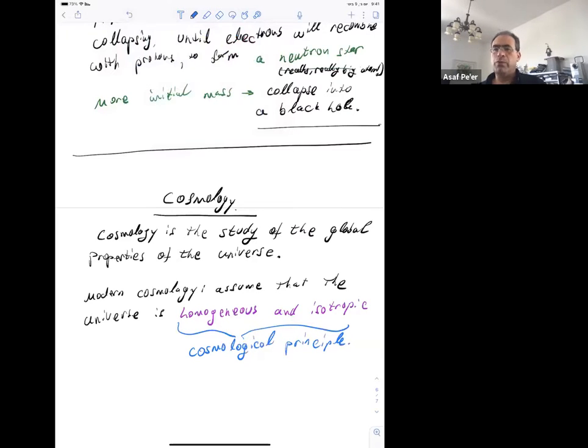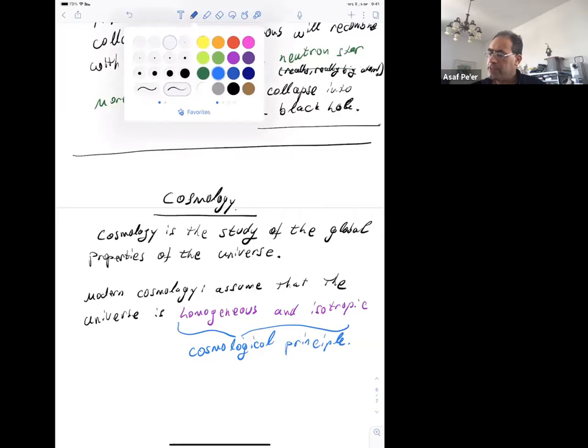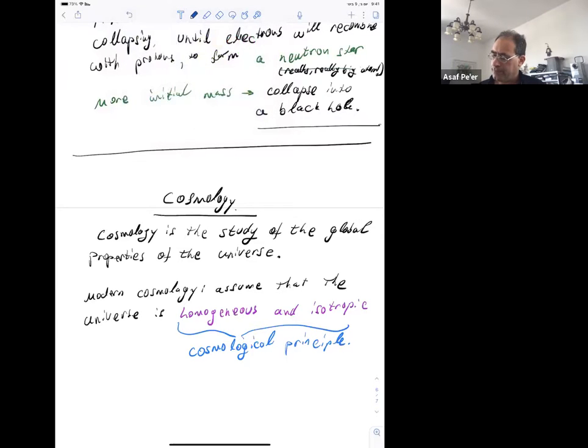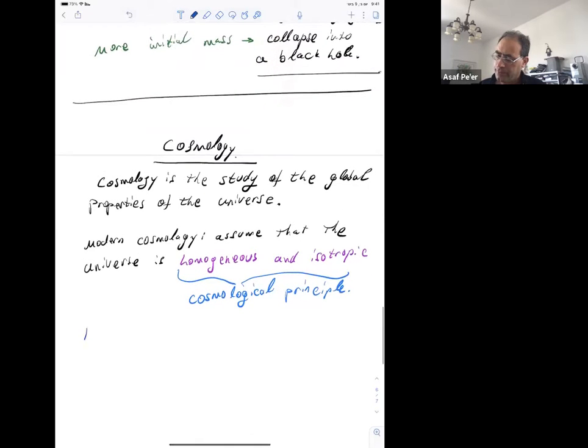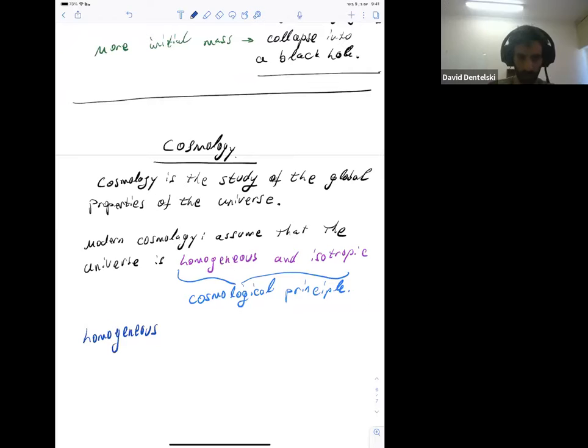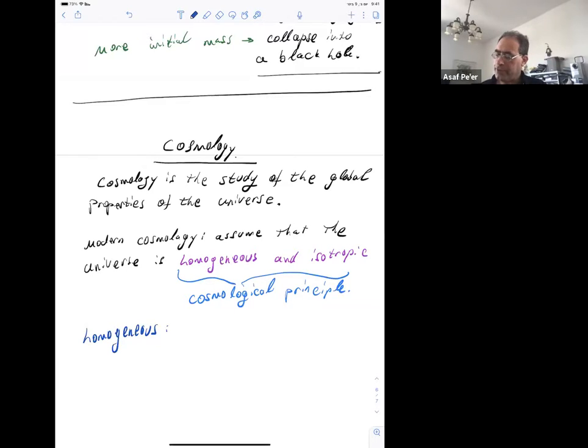Now, just to get things straight, when I say that something is homogeneous, what do I mean? It's the same everywhere. The properties are the same everywhere.